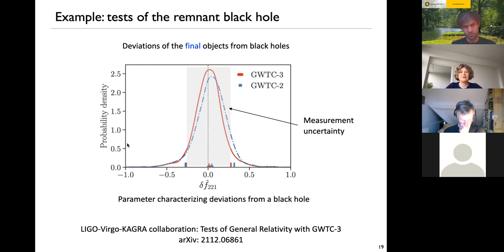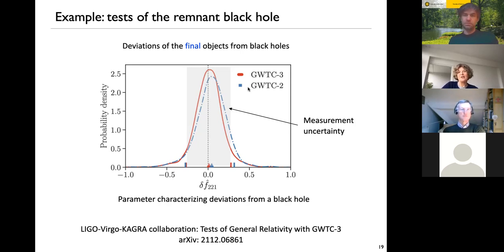And here, the plot shows the probability density on the y-axis and this extra parameter, which is not so important to know exactly what it is, but just that it characterizes a deviation. So if it's 0, the black hole is a black hole of general relativity. And the red and blue data curves are just results.